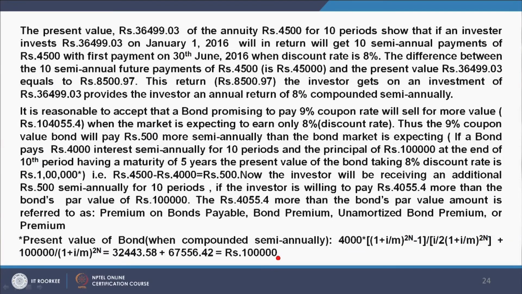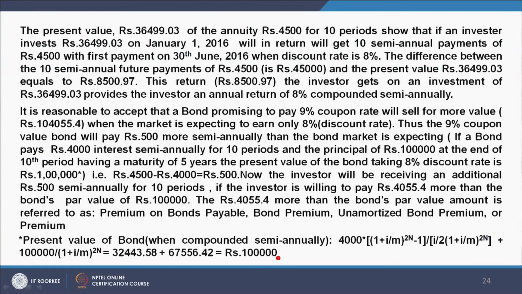If the investor is willing to pay rupees 4,055.4 more than the bond's par value of rupees 1 lakh, the rupees 4,055.4 more than the bond's par value amount is referred to as premium on bonds payable, bond premium, unamortized bond premium or premium.